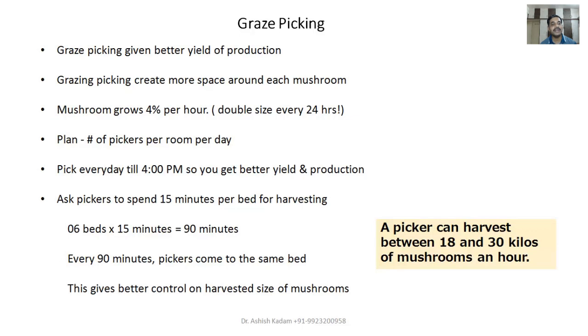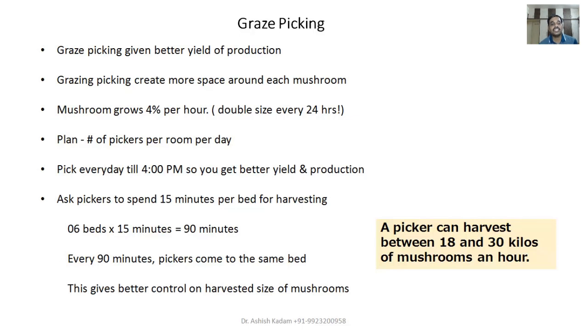So pick every day till 4 p.m., so you get better yield. Do not pick after 4 p.m. You start picking at a certain time in the morning. Ask pickers to spend 15 minutes per bed for harvesting. Whatever they do, the harvesting and the cutting, they should do in 15 minutes.